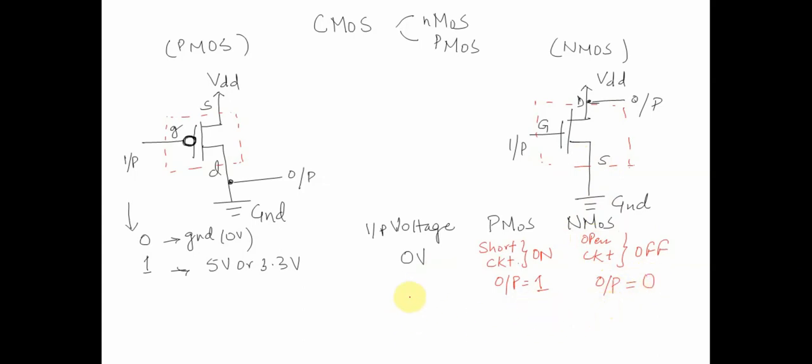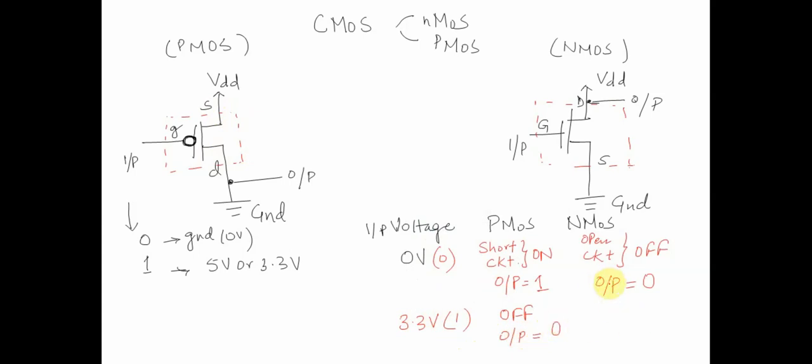Now if we supply a high voltage over here, let's assume 5 volt or 3.3 volt, what will happen in this particular case? My PMOS circuit will act like an open circuit, and since it acts like an open circuit, my output would be off. The output will be logic level 0.